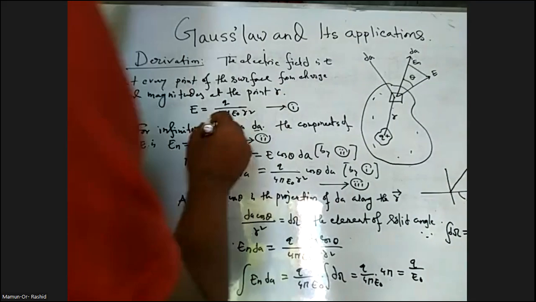Since the total angle is 4 pi steradian, hence we get the closed surface integral equals Q by epsilon naught.